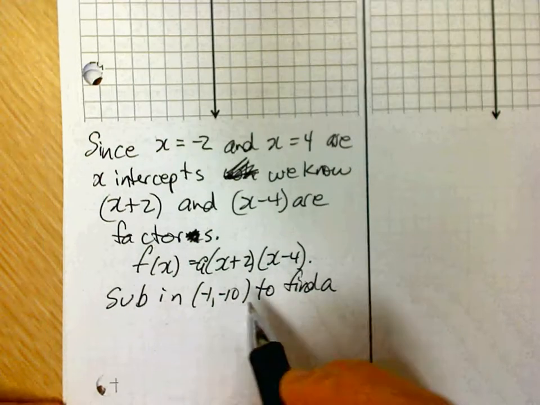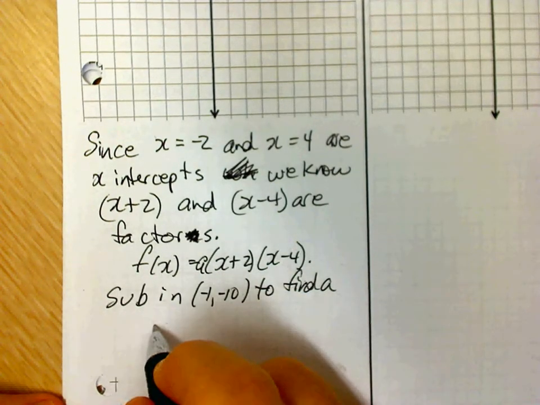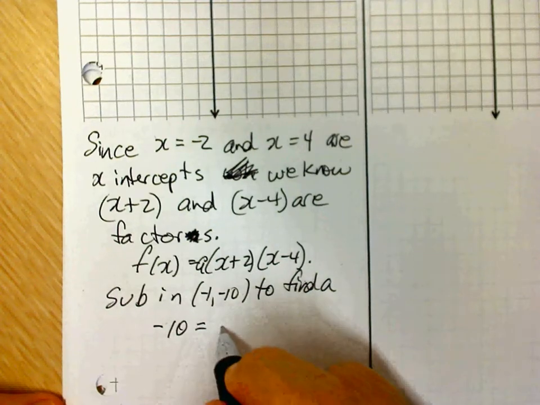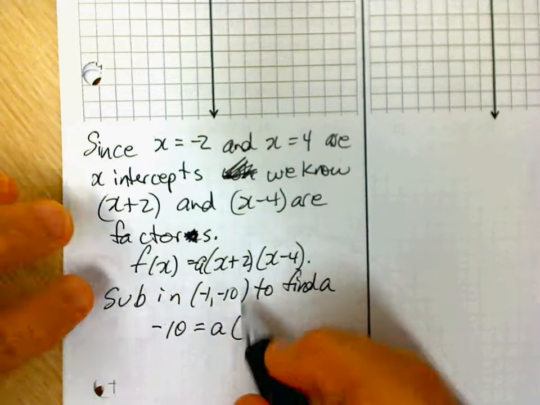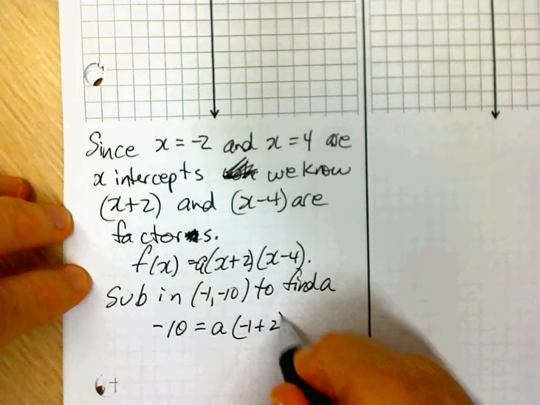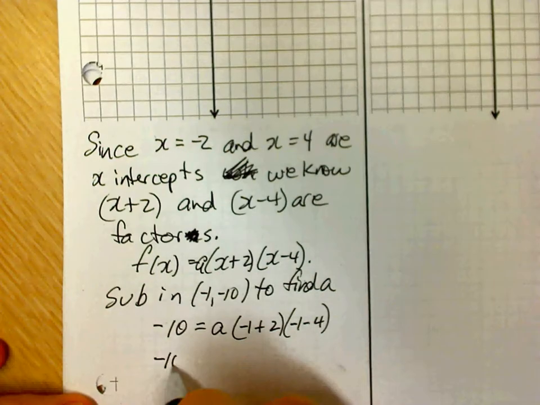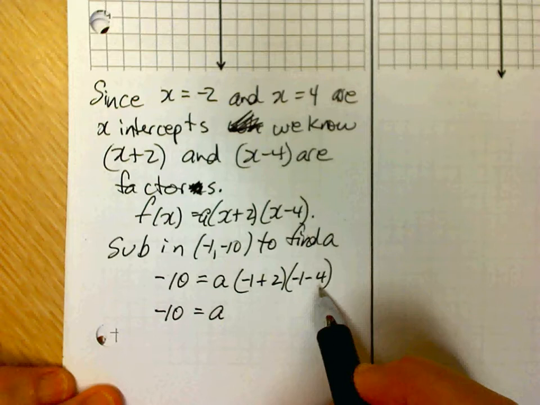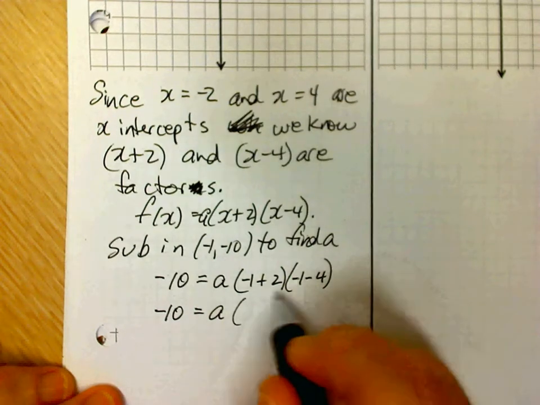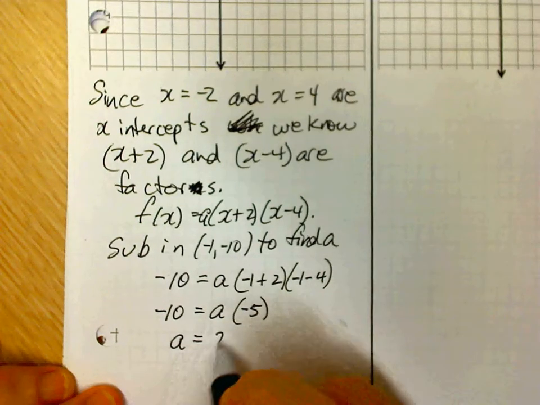So let's do that. -10 is our y value, or f(x) value. -10 equals a times (-1 plus 2) times (-1 minus 4). So -10 equals a times 1 times -5. So 1 times -5 is -5, so a equals 2.